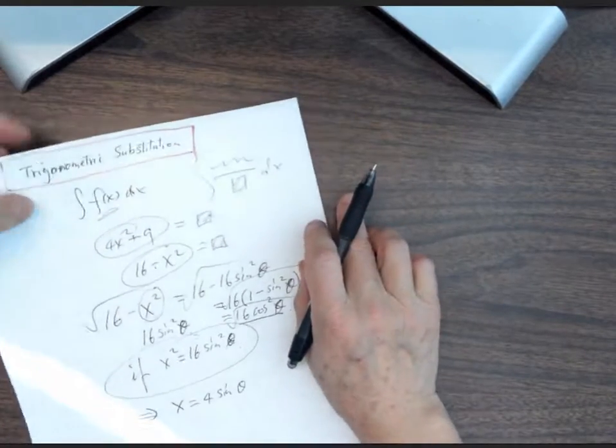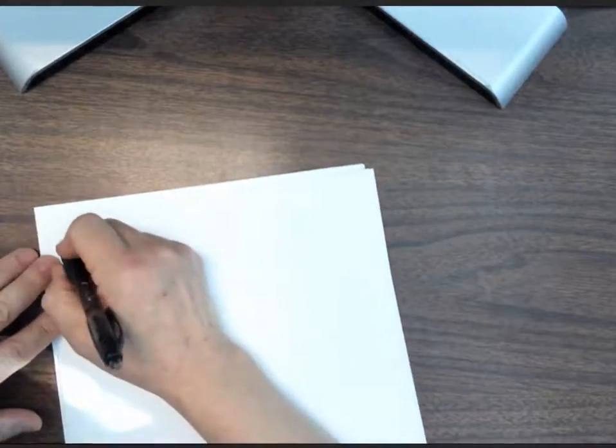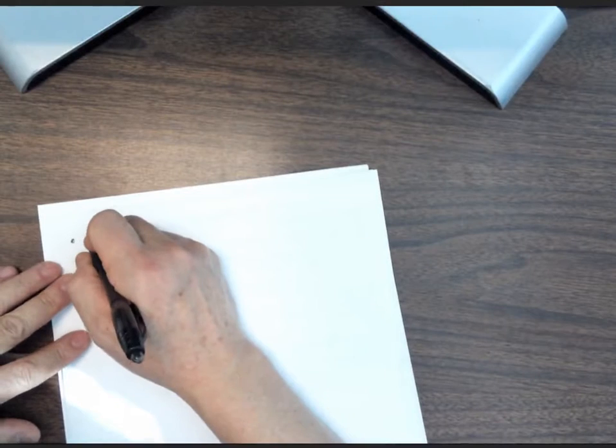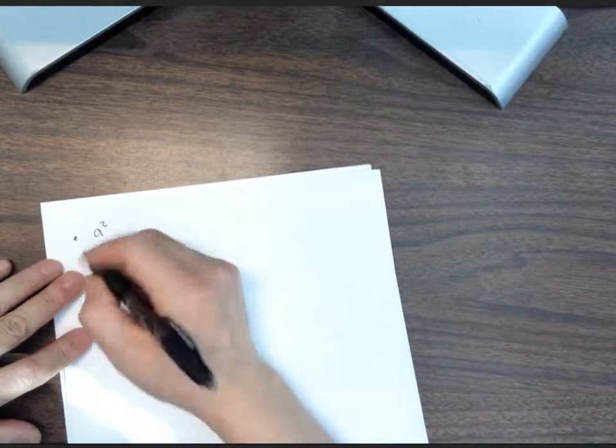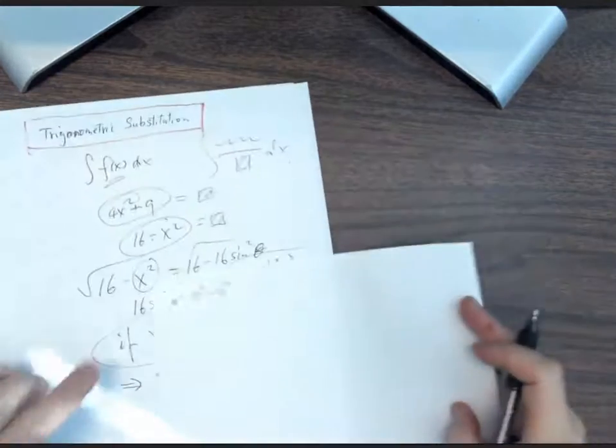First, say we have in general a squared minus u squared, like the one we just discussed.